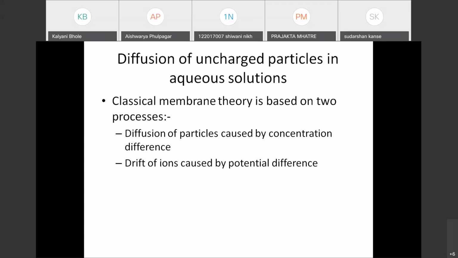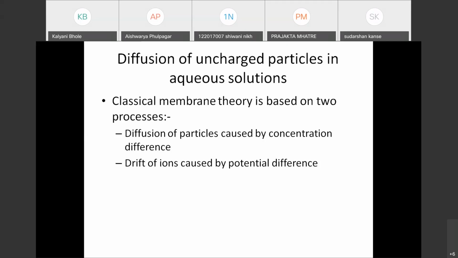In that case the ions will move from higher concentration to lower concentration. This process is called diffusion: the particles move from higher concentration to lower concentration, caused by concentration difference.